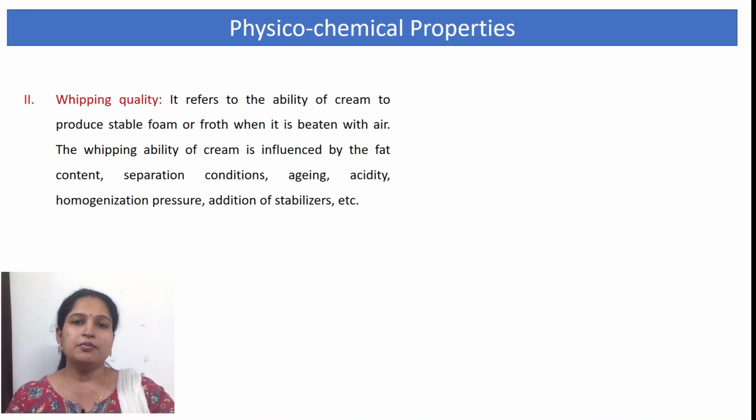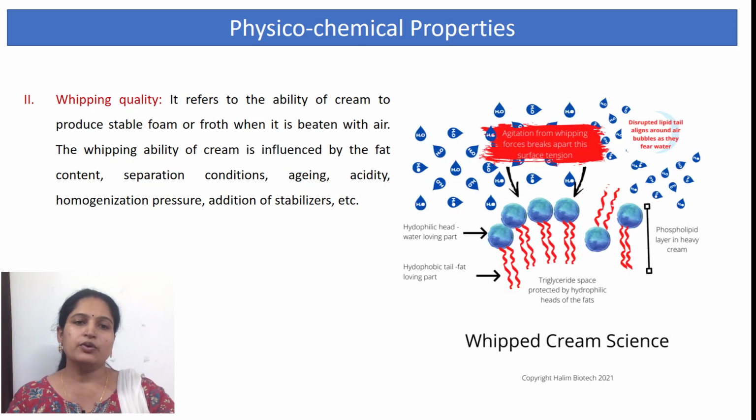Now the next property is whipping quality. It refers to the ability of cream to produce a stable foam or froth when it is beaten with air. The whipping ability of cream is influenced by the fat content, separation conditions, aging, acidity, homogenization pressure, addition of stabilizers and many other things.